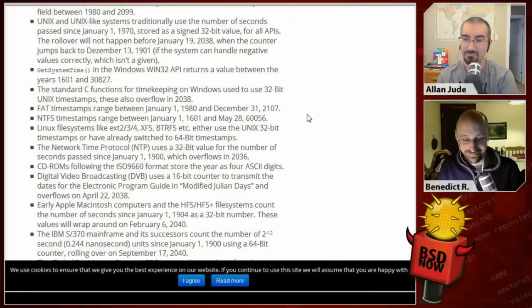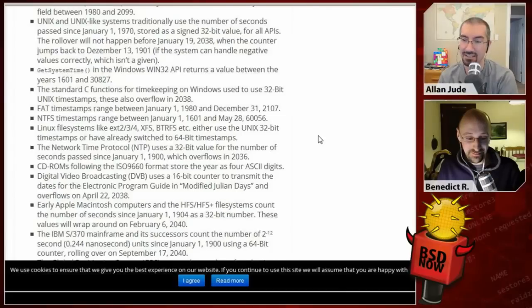NTFS uses something similar to the Windows API, except I'm guessing it isn't signed or something. So it actually supports values between January 1st, 1600 and May 28th, the year 60,056. It's future-proof. Yeah.